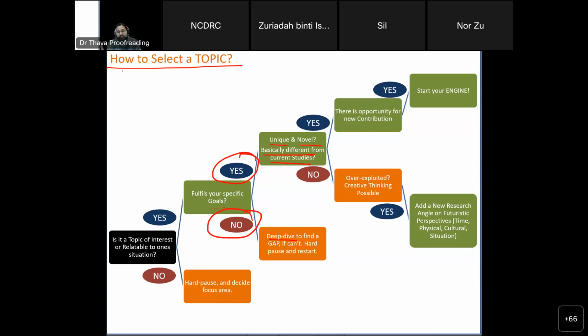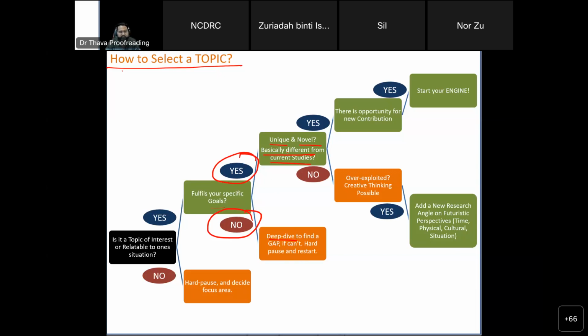Educational psychology is one more thing, technology is one more thing, delivery is one more thing. There are so many angles we can look at. Just giving an example, subject-wise also you can look at, and so on and so forth. So, is there any other angle that you can look at? That is another way that you can explore your topic if it's not fulfilling your goals.